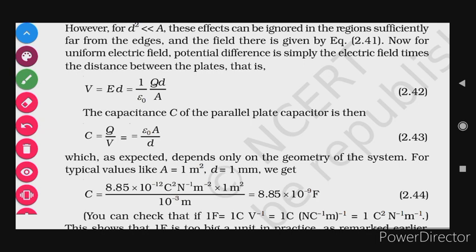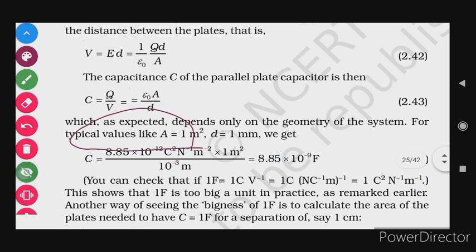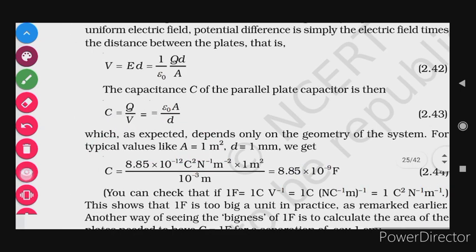Now as you can see, the capacitance depends on the distance. If I keep the area of the plate constant, then capacitance will be inversely proportional to the distance. So if I increase the distance, capacitance will decrease. If I decrease the distance, capacitance will increase.